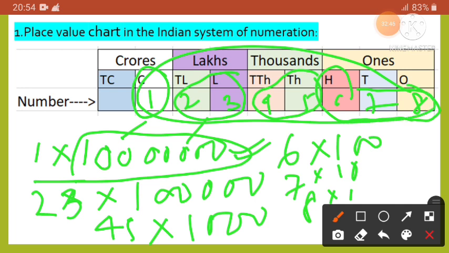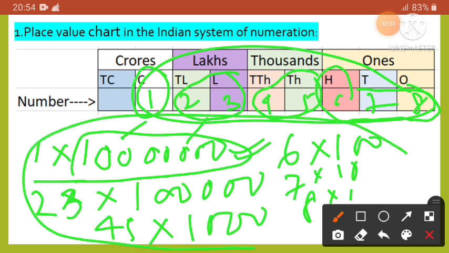Okay, got it? So it is the expanded notation. If the question says you have to expand, then you have to expand that way. Expanded notation means we have to find out the place value of every digit in this number.